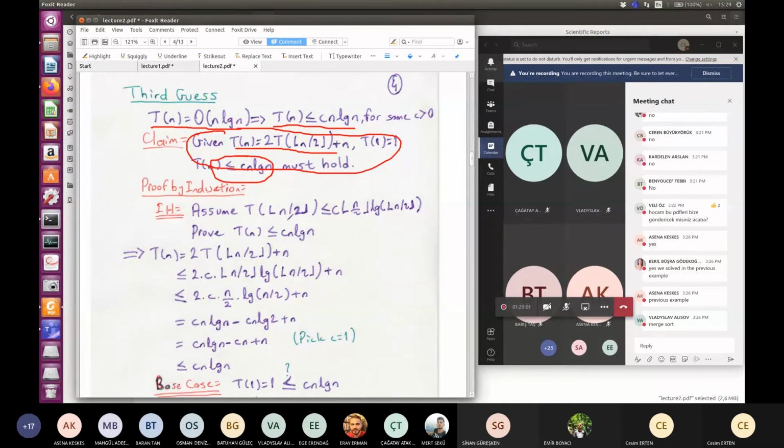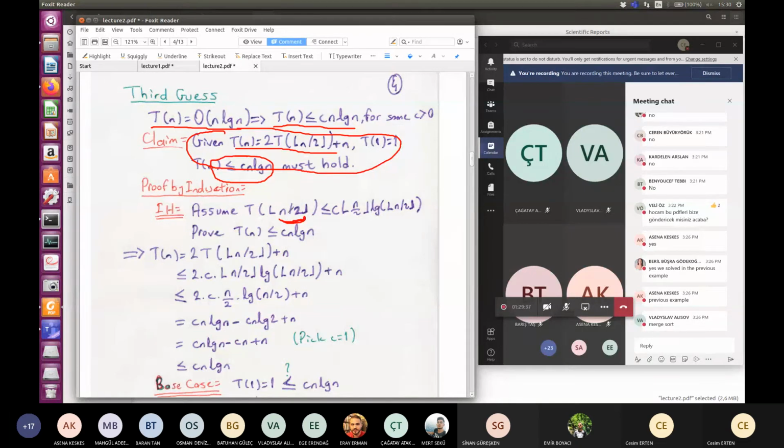Remember that in our proofs by induction, we have our inductive hypothesis, which is basically we assume that the claim that we want to prove is true for some values smaller than n. So in this case, for the inductive hypothesis, let's assume that the claim that we want to prove is true for n divided by 2. In other words, replace n by n divided by 2 in here.